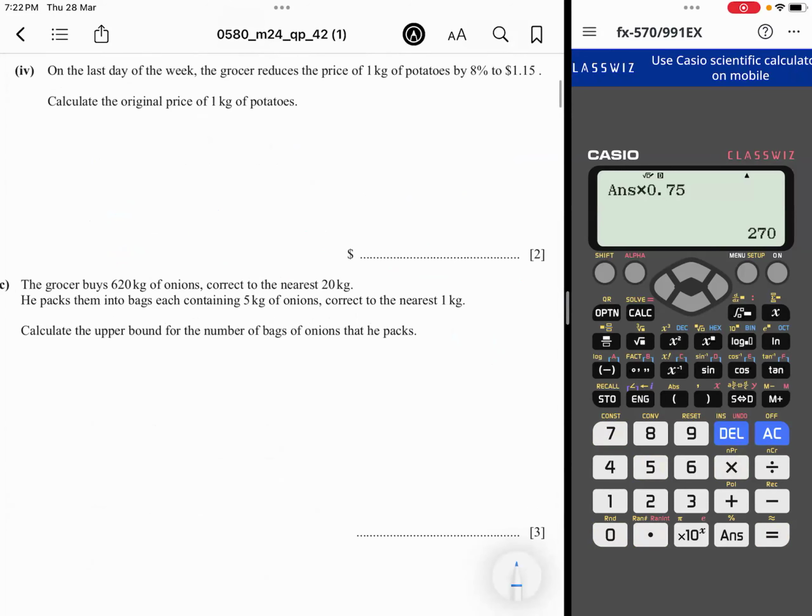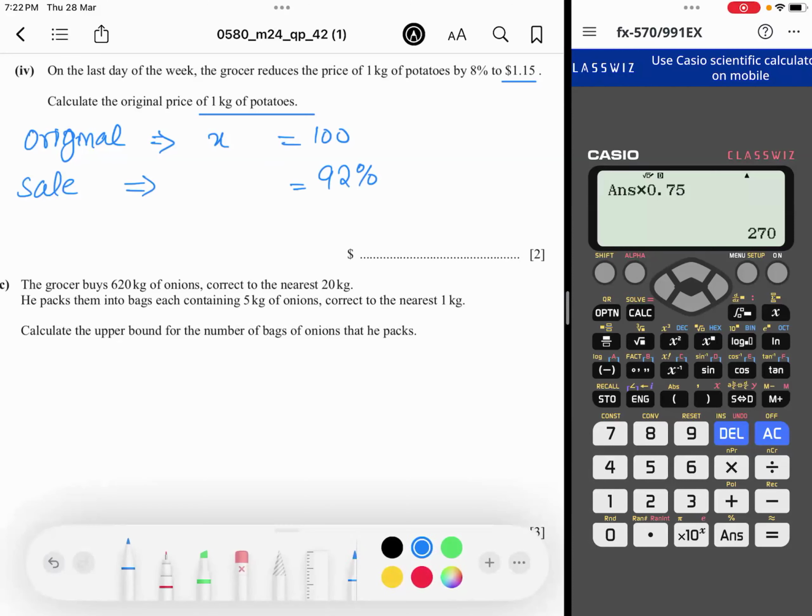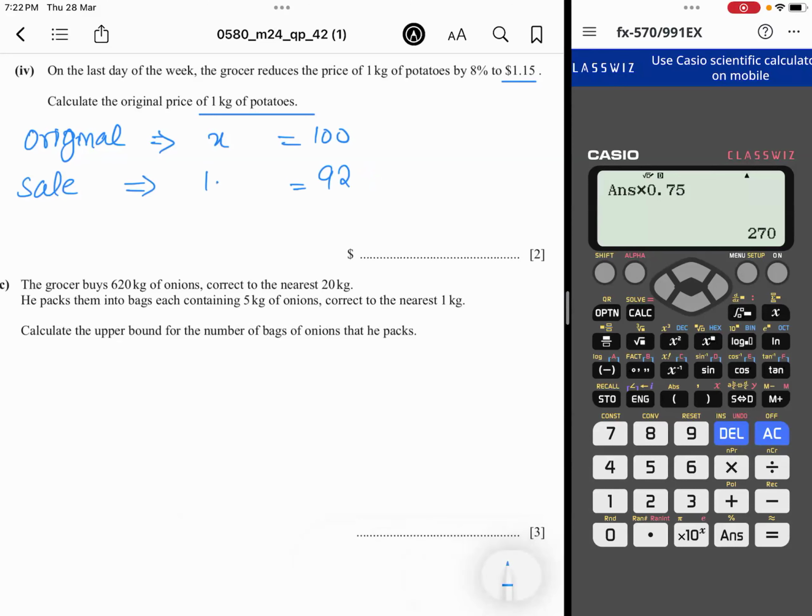On the last day of the week, the grocer reduces the price of 1 kg of potatoes by 8% to $1.15. Calculate the original price of 1 kg of potatoes. Original is always 100%. We debated this already: original is x, and x is always 100, the original percentage. The sale price is reduced by 8%, so that would be 92, and I'm not writing percentage symbols. 92 corresponds to $1.15.